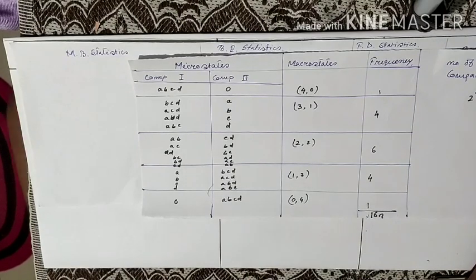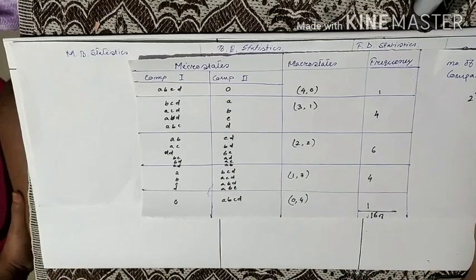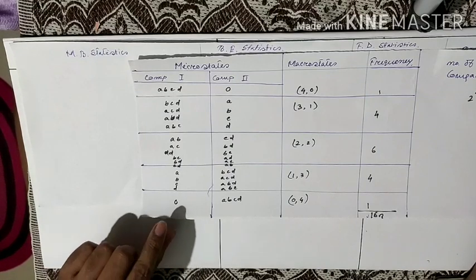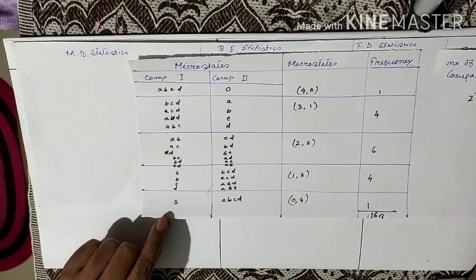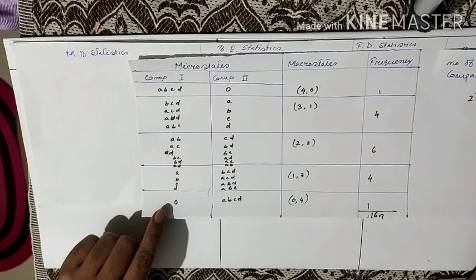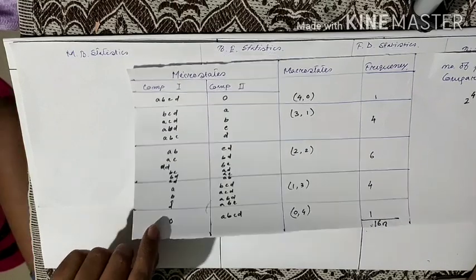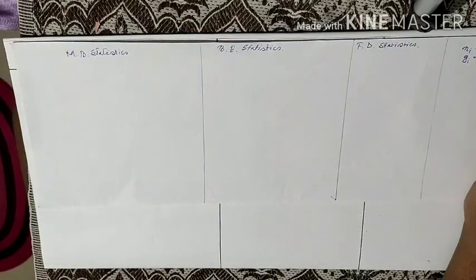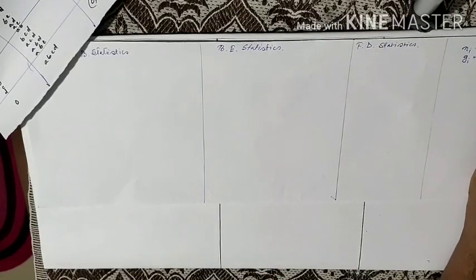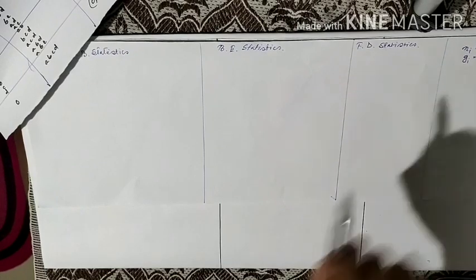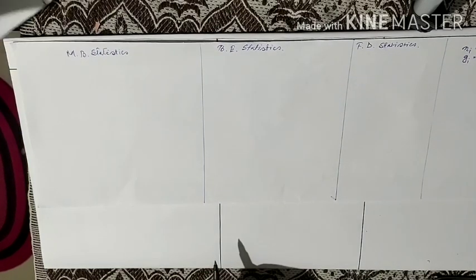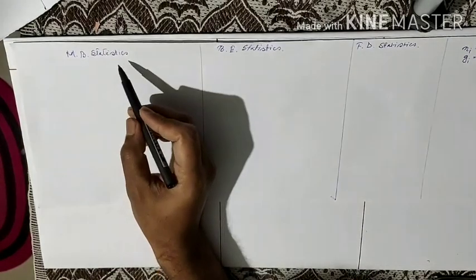So we will extend this part towards the Maxwell-Boltzmann statistics, Bose-Einstein statistics and Fermi-Dirac statistics. Then let us consider a smaller system, say 2 particles and 2 chambers. What was the basic difference between these?